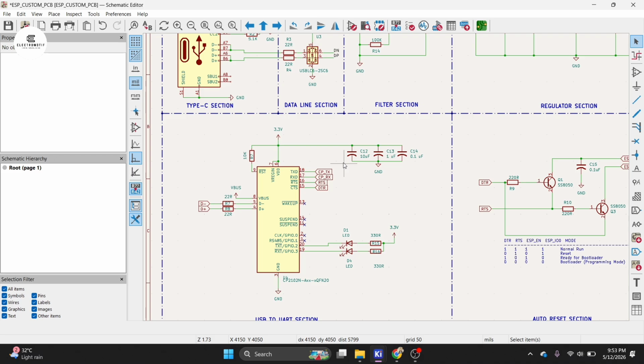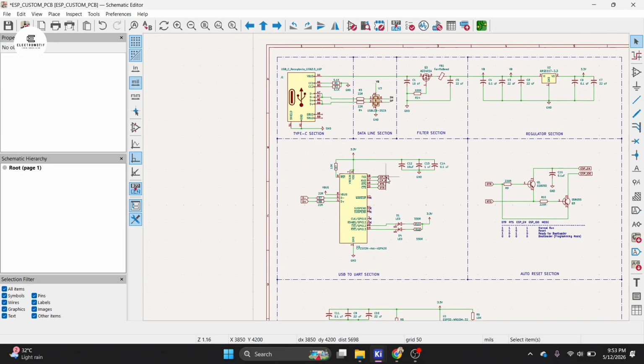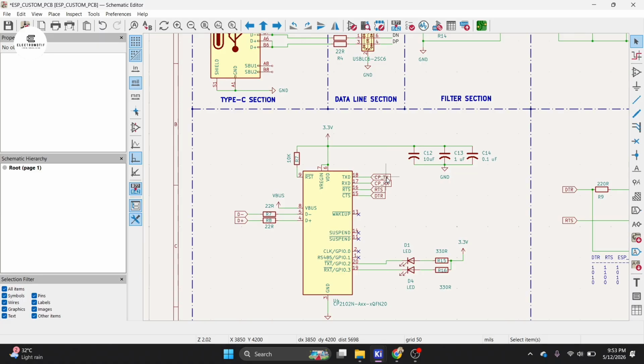Now let's understand UART communication. TX means transmit, RX means receive. An important rule: when connecting the TX lines of your controller, the TX goes to the RX of the ESP32 and the RX goes to the ESP32 TX.